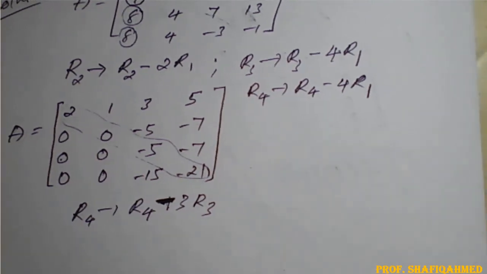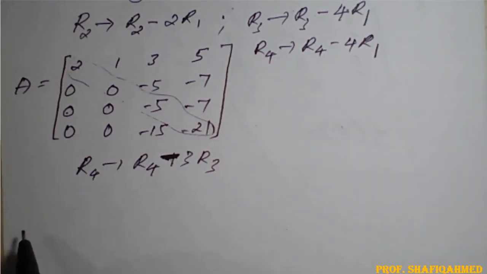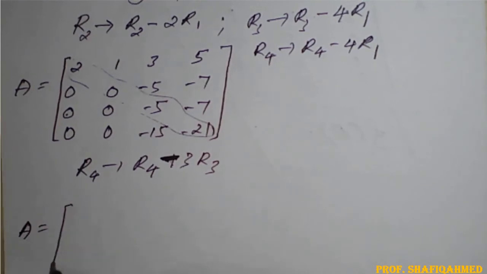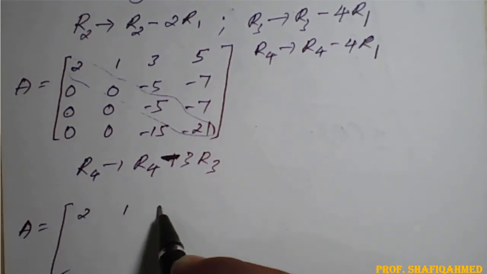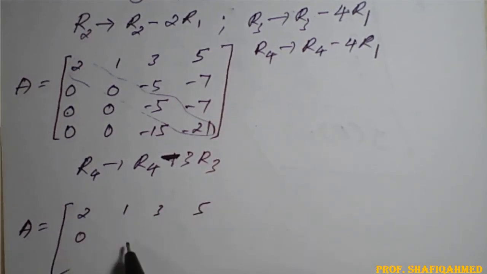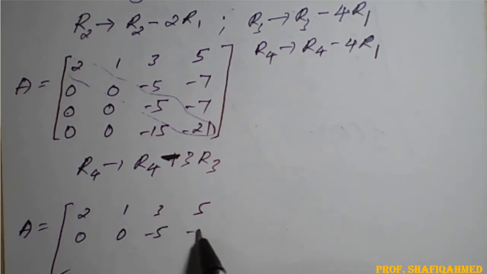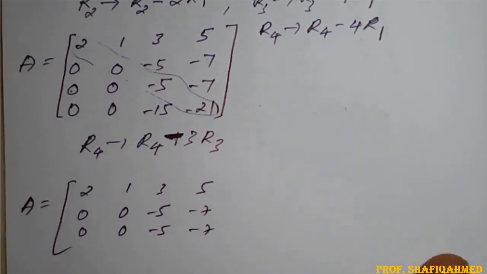So therefore our matrix A equal to 2 1 3 5, 0 0 -5 -7, 0 0 -5 -7.